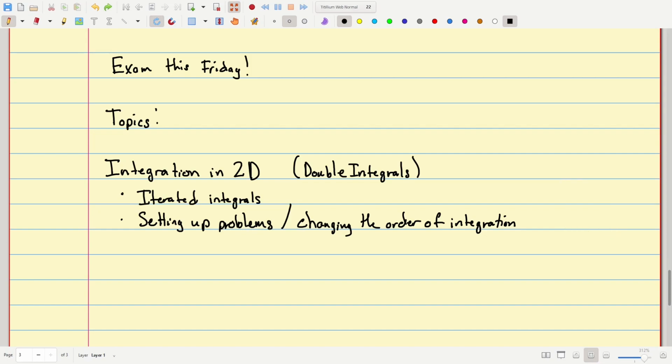Or better yet, I could give you a problem like this and then ask you to change the order of integration. Or whatever, right? Now, obviously, this also suggests maybe polar coordinates. Okay, as kind of the main ideas here.